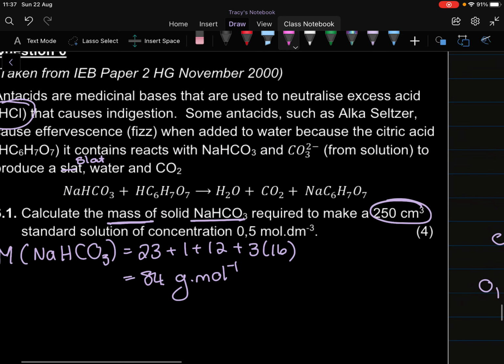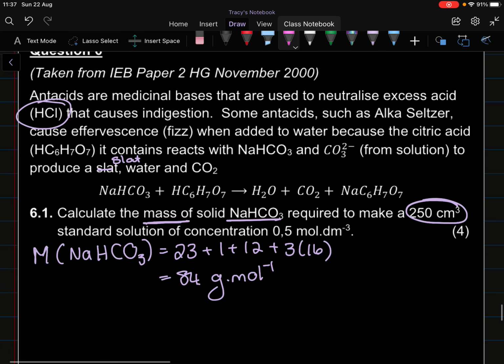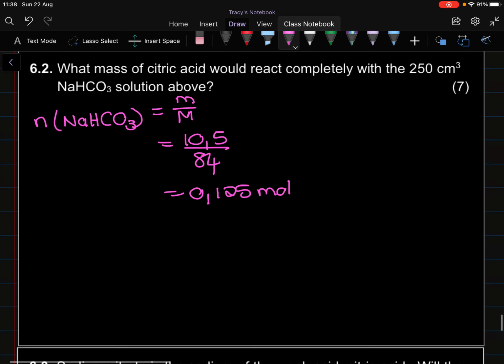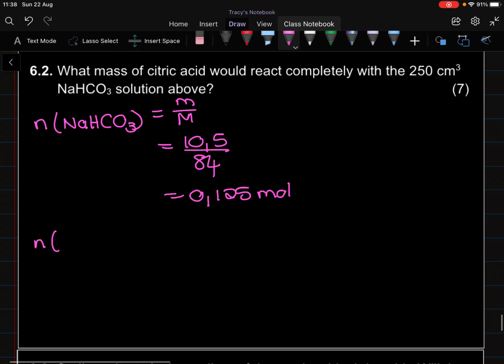If I now look at my reaction, first of all we need to check that it's balanced, and it is. Don't worry about that. It's a balanced equation, a 1-to-1 relationship. So the number of moles of the citric acid, which is HC6H7O7, is 0.125 times 1 over 1.